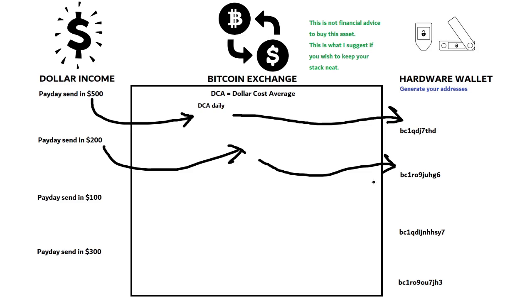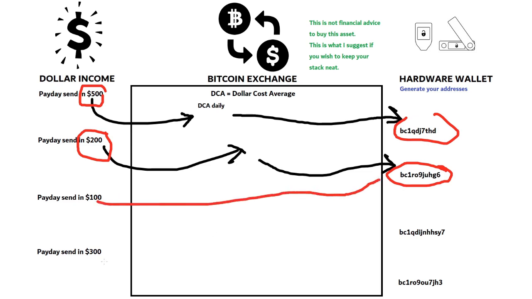That way, if you open these wallets up in 10 years, in 2033, you will know that BC1QDJ came from the $500 right here. So this one comes from this one, and this one comes from this one. And this is going to make your life a lot easier in 10 years if you do it like this, instead of muddling this one in with that, and then putting half of it into there.